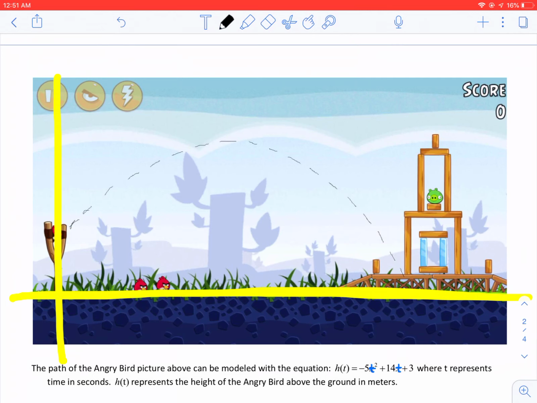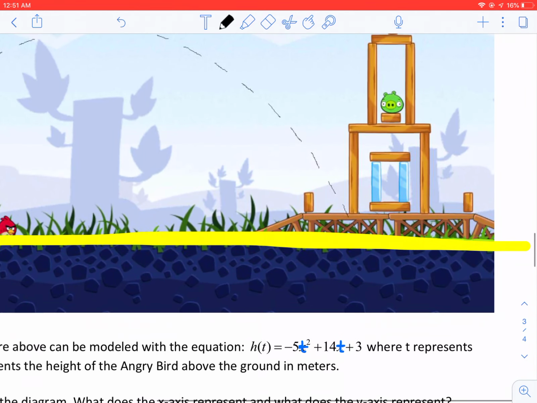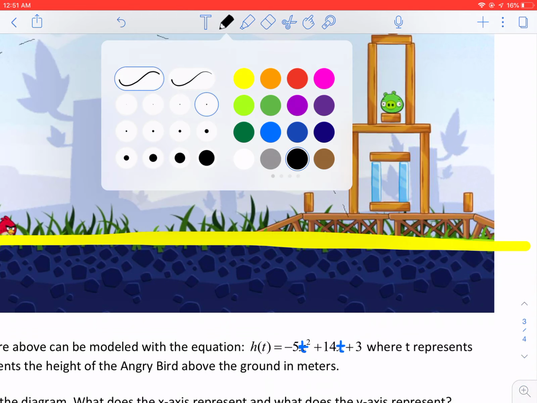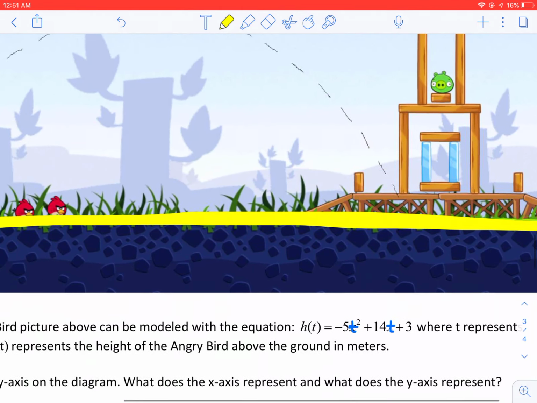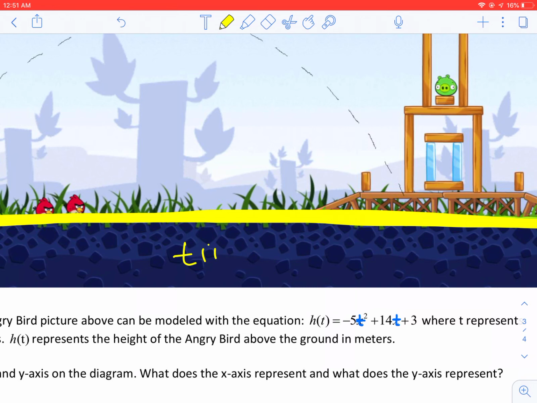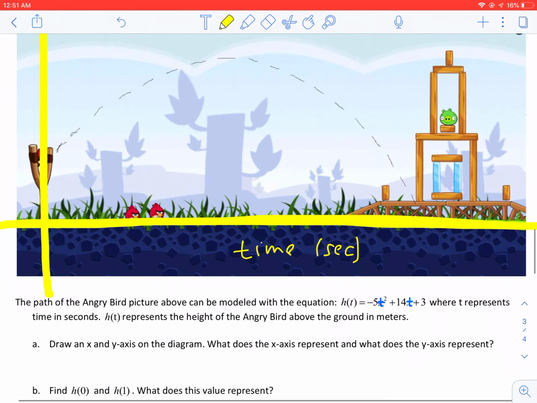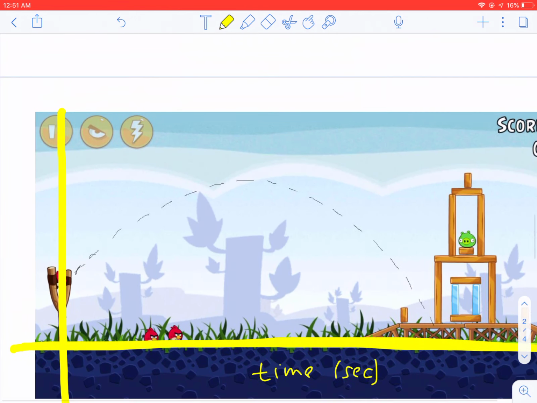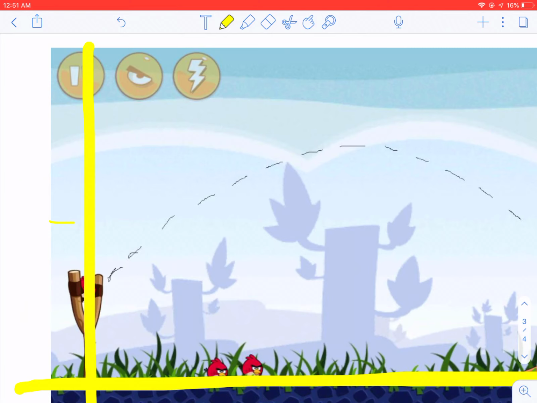Alright, that looks pretty good. Right, so this x-axis here is going to represent, again, the time in seconds. And h of t represents the height. So this here is going to represent the height. And I think this time it was in meters.